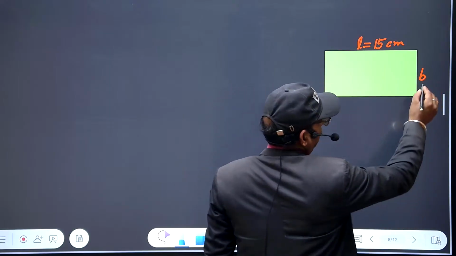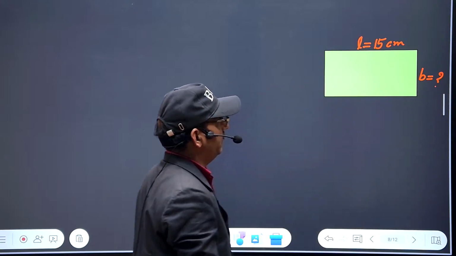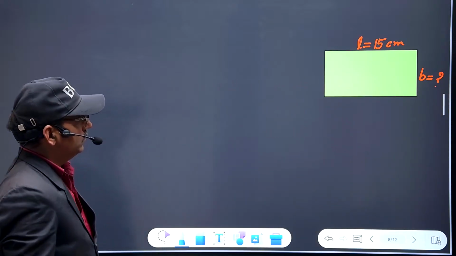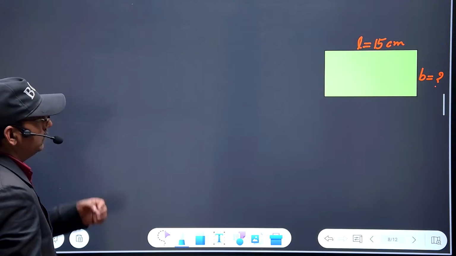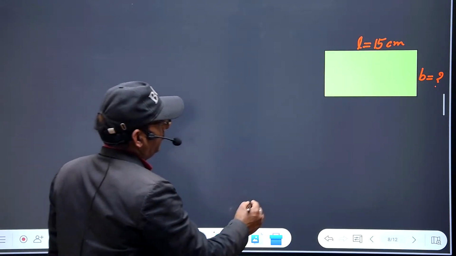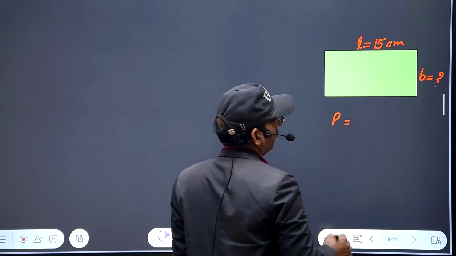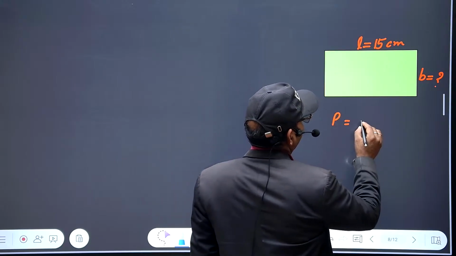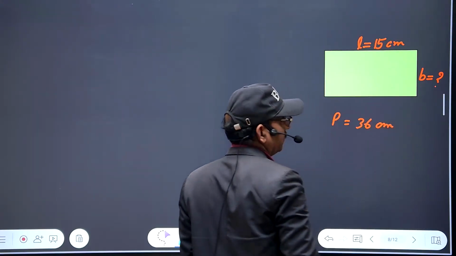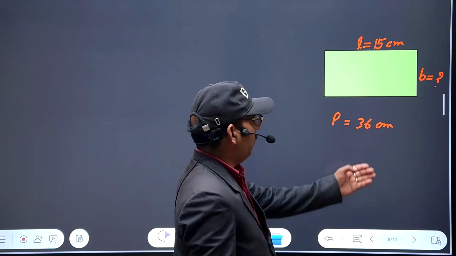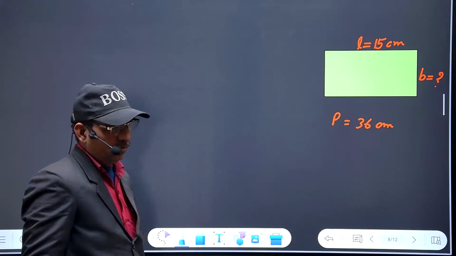You don't know the breadth, but perimeter is given, 36 centimeter. So how will we find the breadth? Okay.